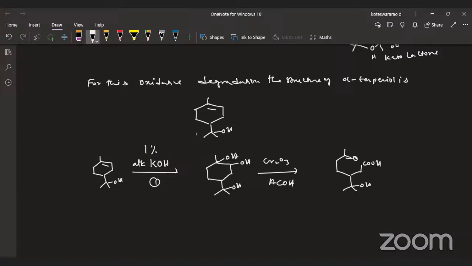This is the first product. This is the second product. Now it is undergoing spontaneous lactonization. That leads to the formation of ketolactone. Yes, ketolactone.